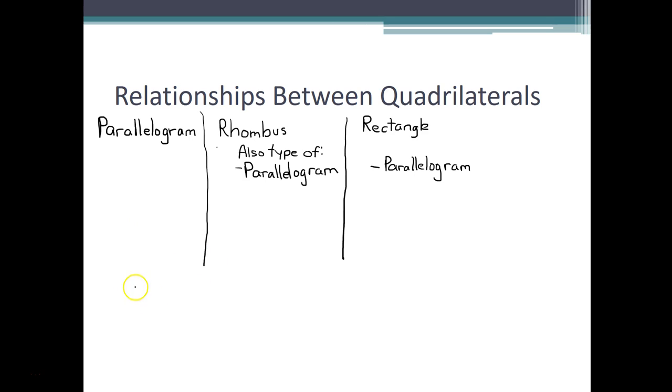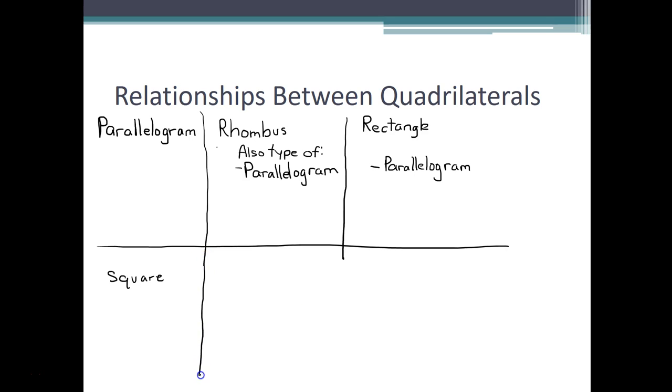A square. A square is also a type of parallelogram. Opposite sides are parallel, all sides are equal in length.